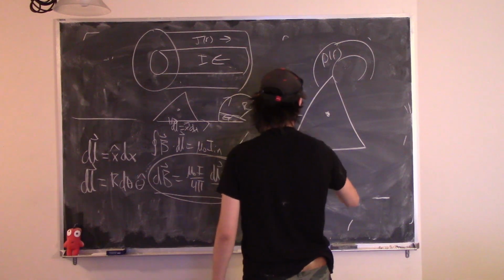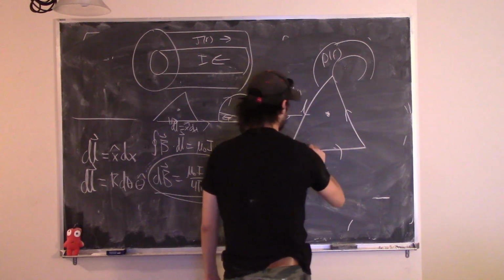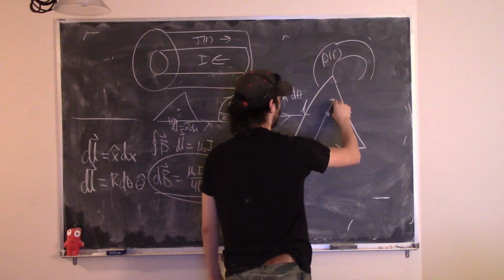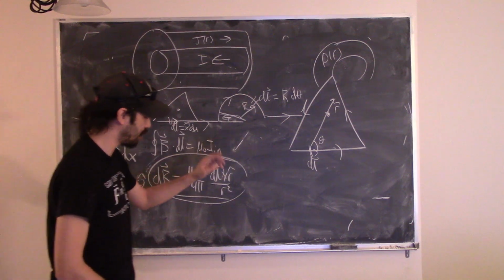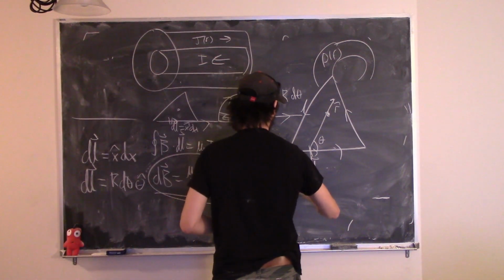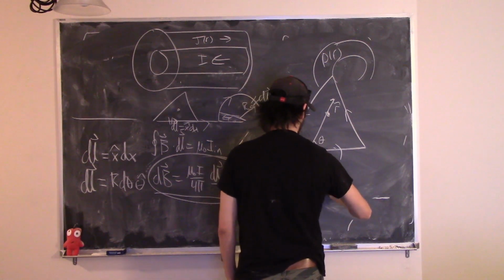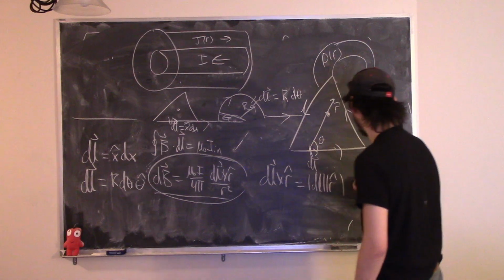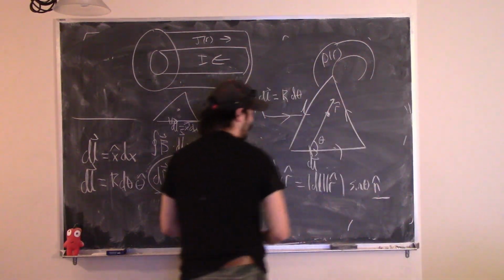So this is dl. If I say that the current flows around this way, this is going to be dl. This is going to be r hat. The angle between them I can call theta. When I do dl cross r hat, this is going to be mag dl, mag r hat, times the sine of the angle between them, times the unit normal vector you get from the right-hand rule.